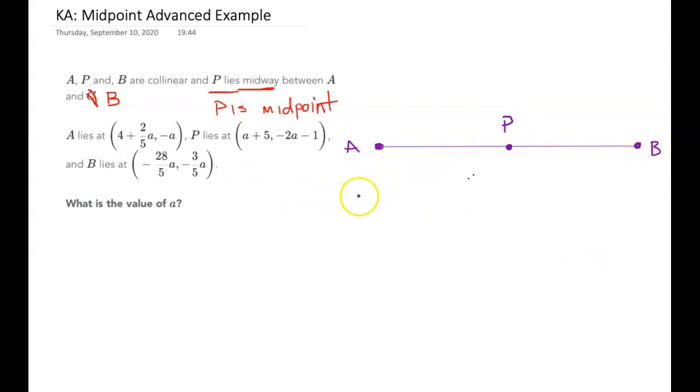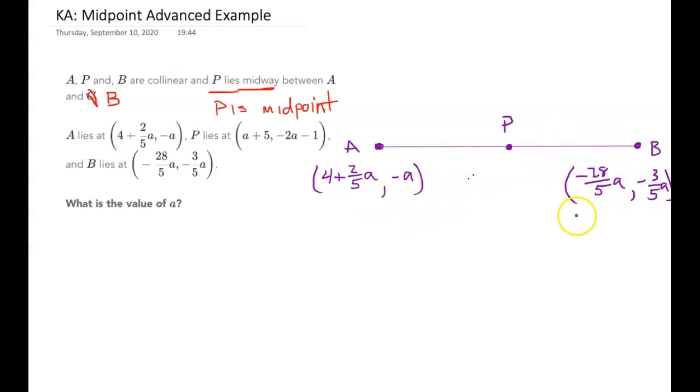Now we know that point A has the coordinates 4 plus 2/5 A, that's the x value, and the y value is negative A. And point B, I've got negative 28/5 A and negative 3/5 A. So those are my coordinates.